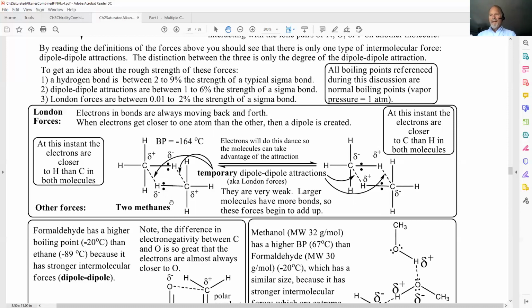If you can just pretend those two dots are one of my hands and the other two are my other hand, and the molecules will always be above and below each other, but the dipoles will be doing this, moving towards the other atom. So there's always a plus above a negative or a negative above a plus. And they're constantly fluctuating so that the molecules can take advantage of these temporary attractions.